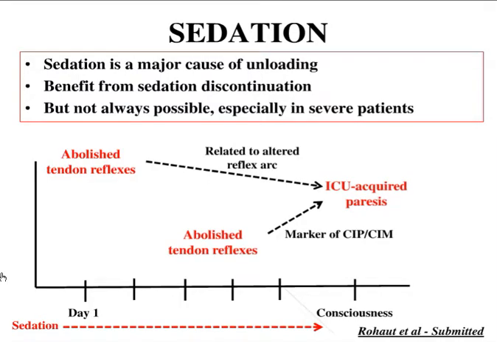First, early abolition of tendon reflex maybe reflects the effect of sedation on the reflex arcs. And later, abolition of tendon reflex is maybe a marker of an ongoing critical illness neuromyopathy. And this can explain why there is such a relationship with the occurrence of ICU acquired paresis.